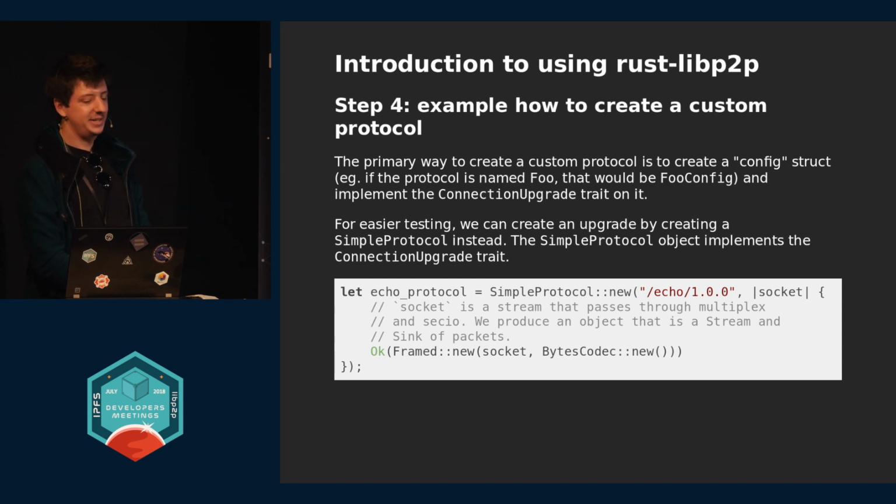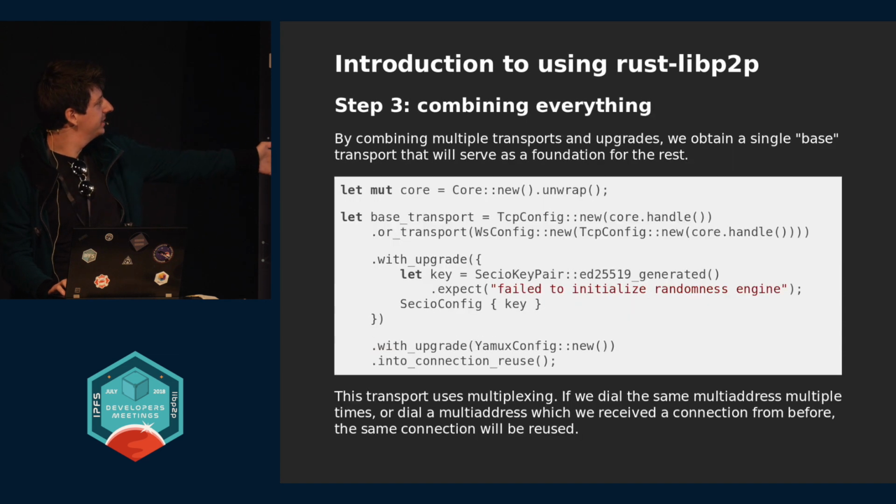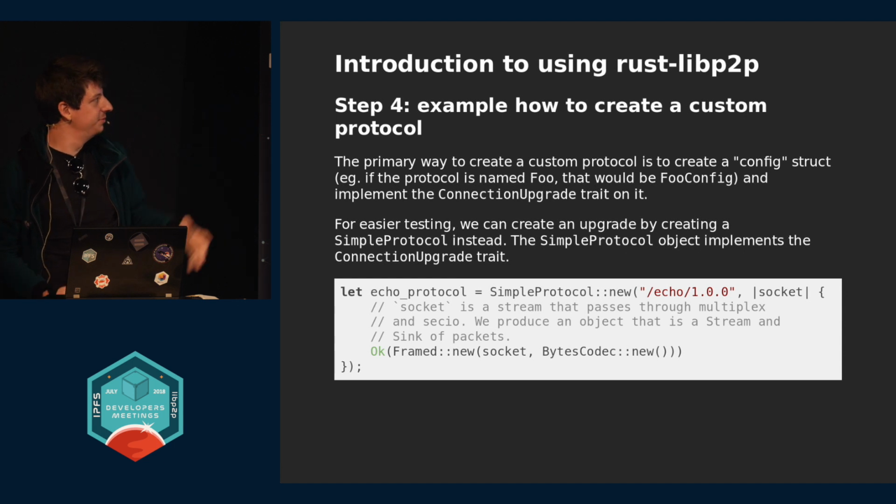Step 4, this is how we create a custom protocol. So if you're familiar with the JS libp2p repo, there's an echo example, and this is the same here. So normally, if you want to create a custom protocol, you create a custom struct that you name, for example, FooConfig, if your protocol is named foo, and you implement the connection upgrade trait on this FooConfig, and then you can use with_upgrade, like here, exactly the same as with Secio and Yamux, but with FooConfig.